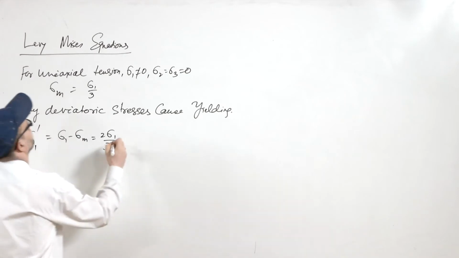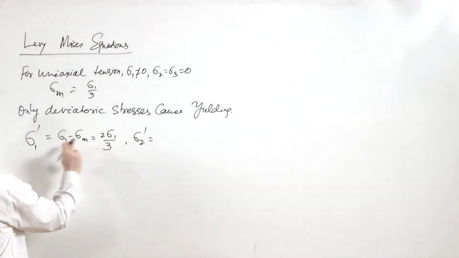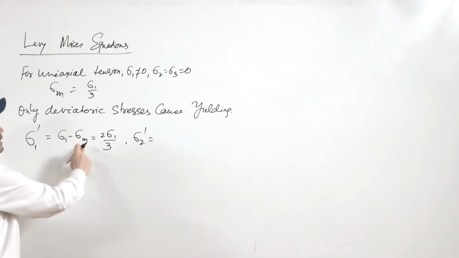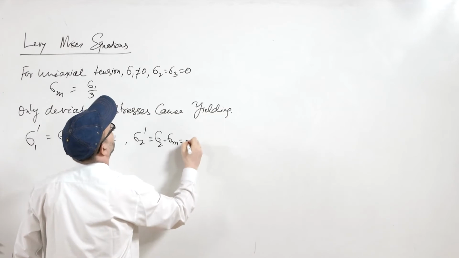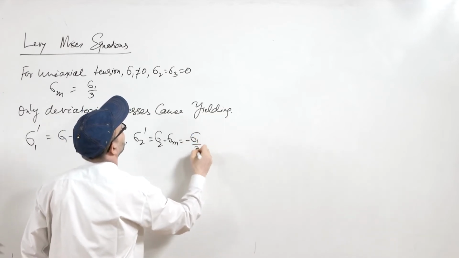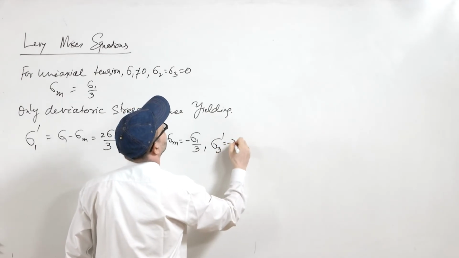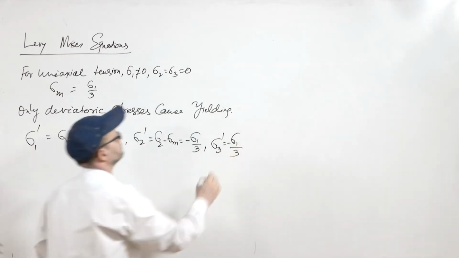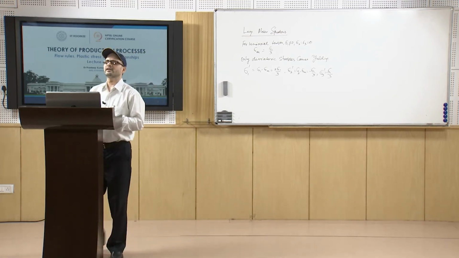Similarly, sigma 2 prime is sigma 2 minus sigma m, and sigma 2 is 0, so it will be minus sigma 1 by 3, and similarly sigma 3 prime will be minus sigma 1 by 3. That is the deviatoric stresses in this case.